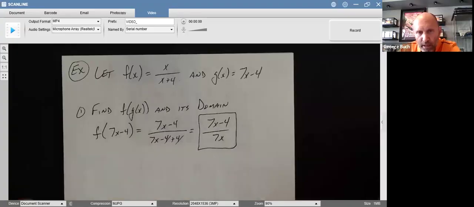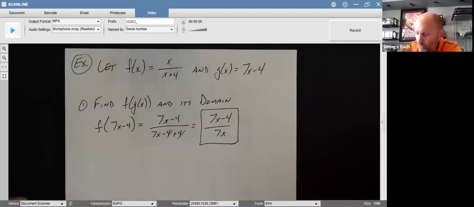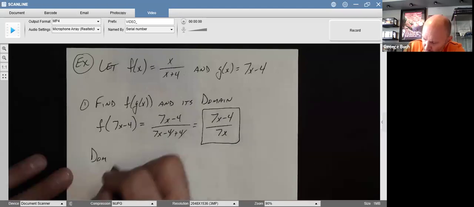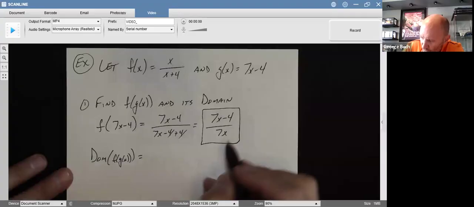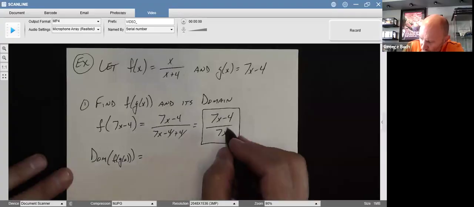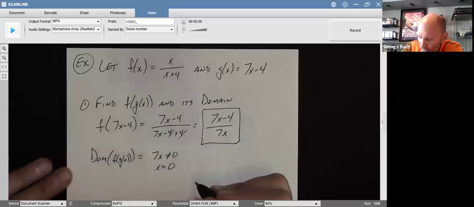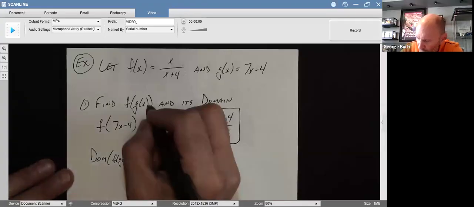But now I need the domain. And remember, domain with composite functions is a little tricky because first, I need the domain of what I just found, f of g of x, which is what? The domain of this guy. So the only thing I have to worry about is 7x cannot be 0 or x cannot be 0. But then I have to intersect this with what? Well, whatever the domain of the inside was.